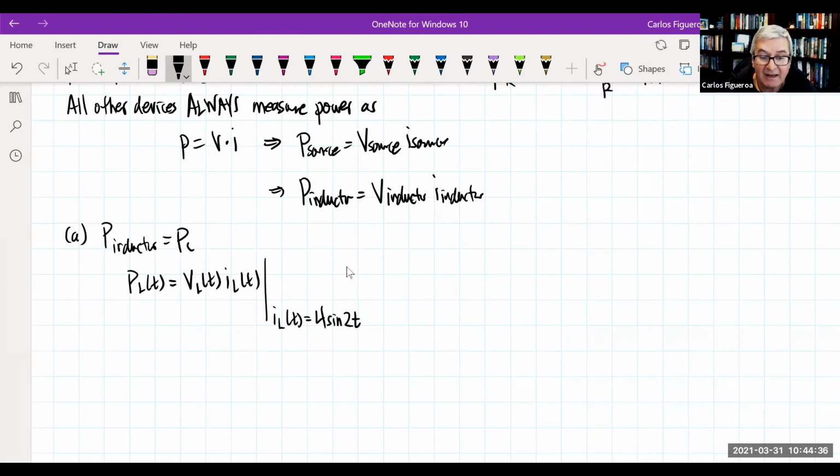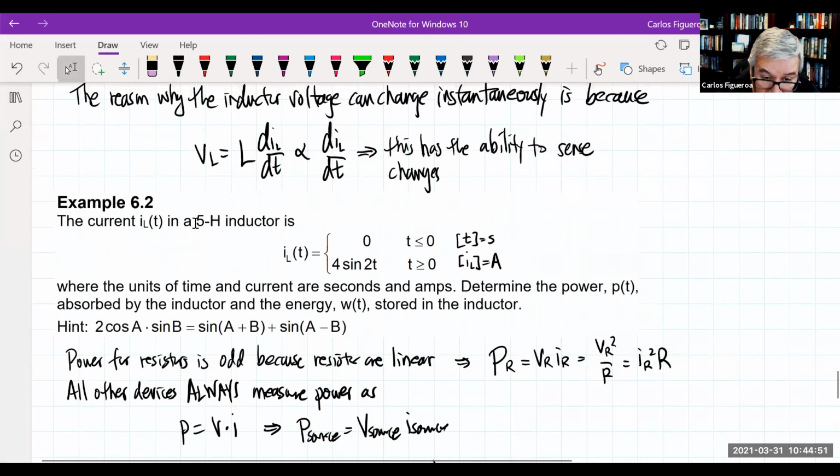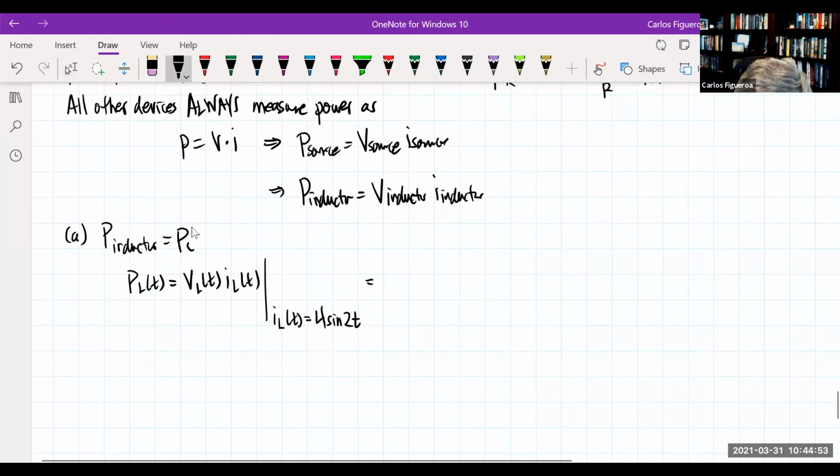If I plug that in, the power of the inductor is going to be the voltage of the inductor, and look at what the inductance is: it's 5 Henry. So it should be 5 times the derivative of the current, which in this case is 4 sine of 2t.